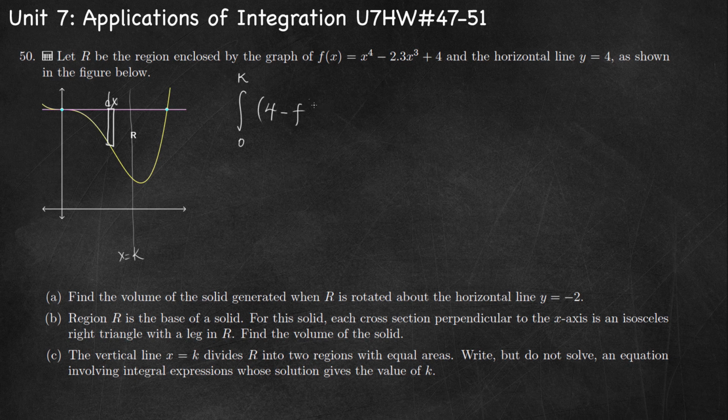And it's just area, so nothing is squared, it's just multiplied by dx. Equals the integral if we start at k and end at 2.3 of the same setup, 4 minus f. Because if we draw a rectangle over here, it's also 4 minus f times dx. So that would be our setup there.